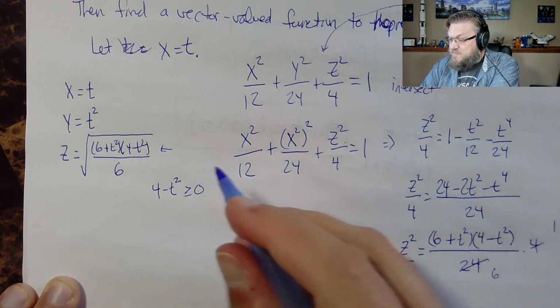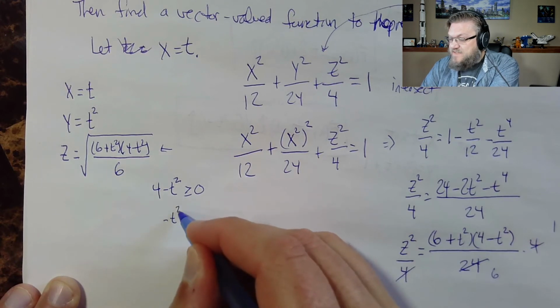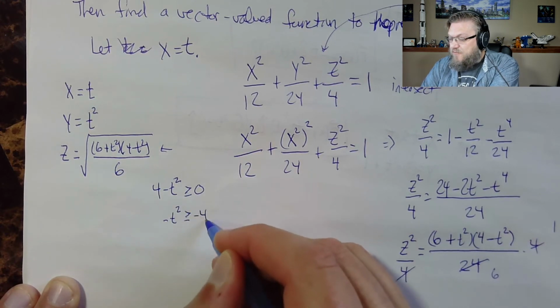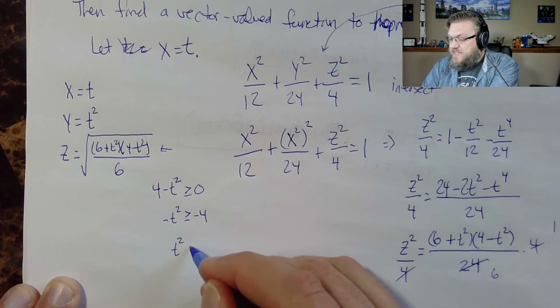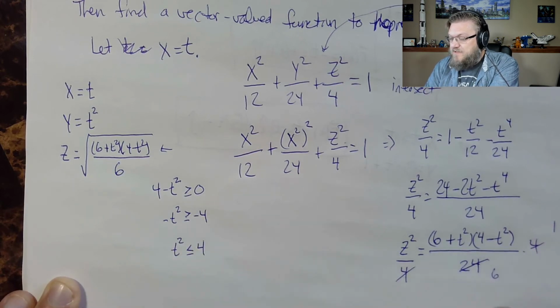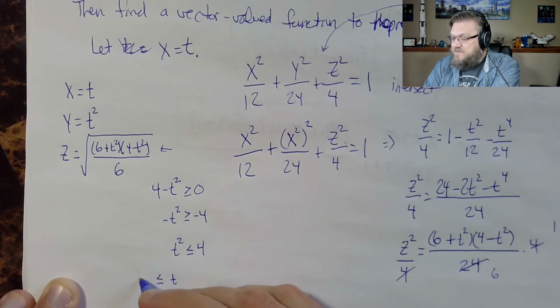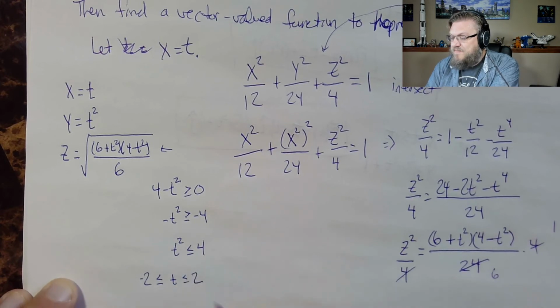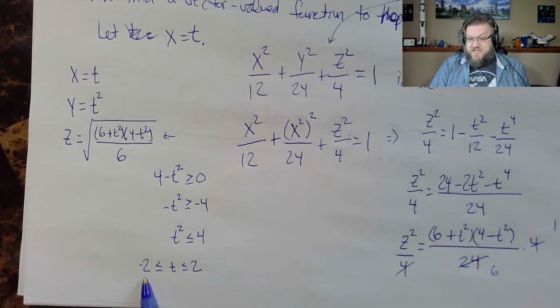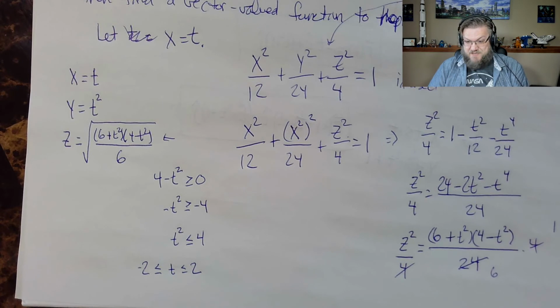Right? Which tells me pretty quickly that negative t squared has to be greater than or equal to negative 4, which tells me that t squared has to be less than or equal to 4, which means that t has to be between -2 and 2. And so that is my minimum t, and this is my maximum t. But the restriction was kind of embedded in there.